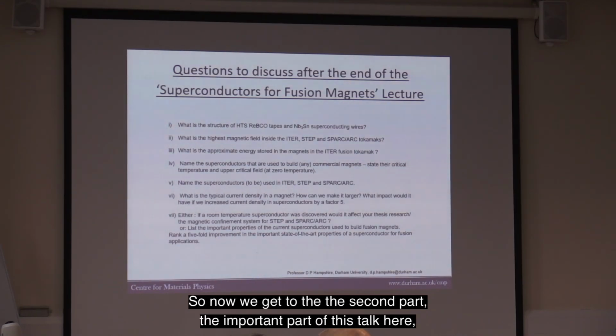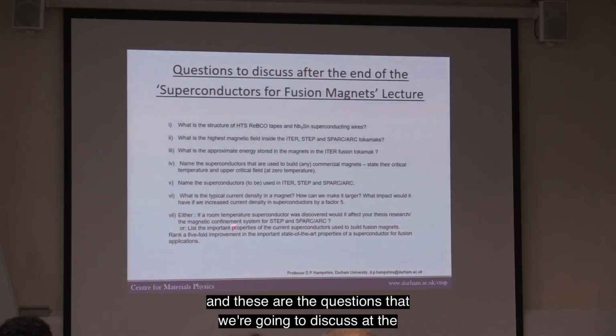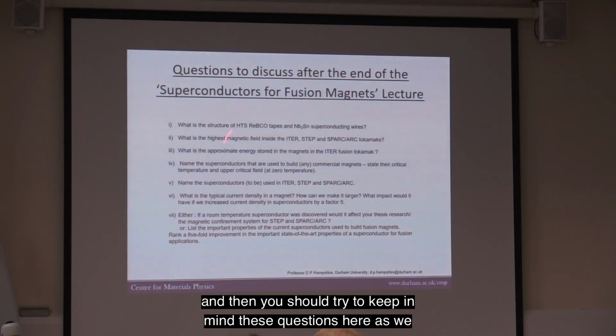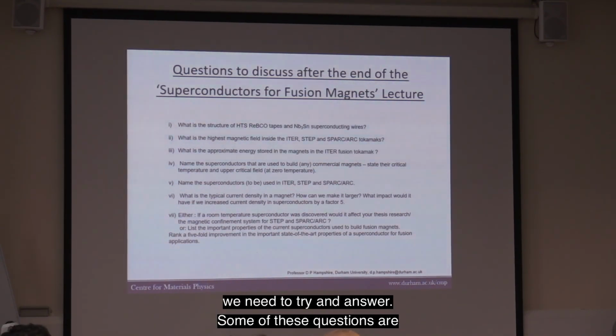All right, so now we get to the second part, the important part of this talk, and these are the questions that we're going to discuss at the end of this lecture. And all the lectures are structured this way. I know you've come across this before in the CDT. We'll give a short lecture, and then you should try to keep in mind these questions as we make our way through the lecture, because these are the questions we need to try and answer.